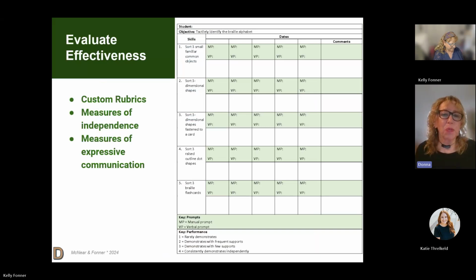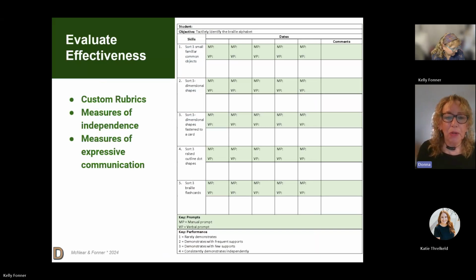And I just like to customize rubrics. And here's just a basic rubric I use for many, many things that you can see if it makes good sense for you. I like to do 5 skills because if you want to do percentages, you can break 5 skills into percentages. The dates across, I collect information.